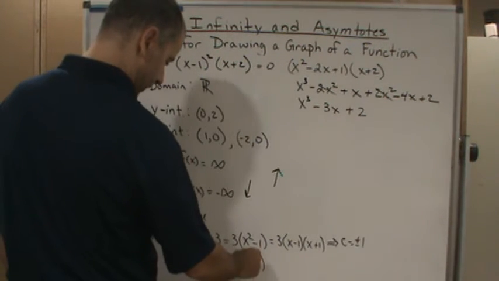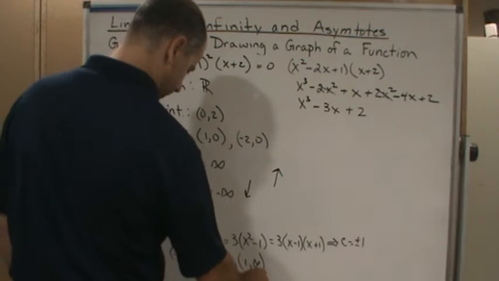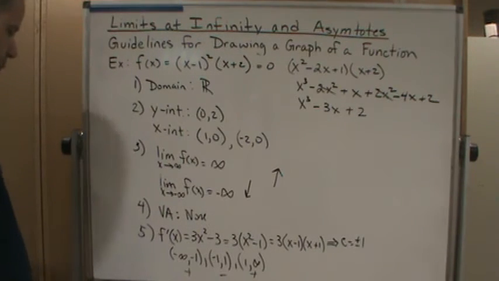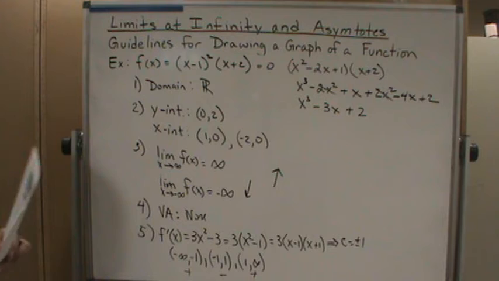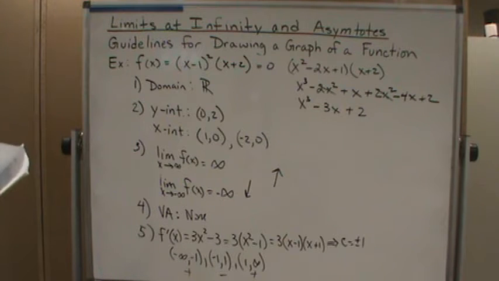And then positive 2 will give us positive. So what does this tell you? It tells us that it's increasing in the first interval, decreasing in the second interval, and increasing in the third interval.